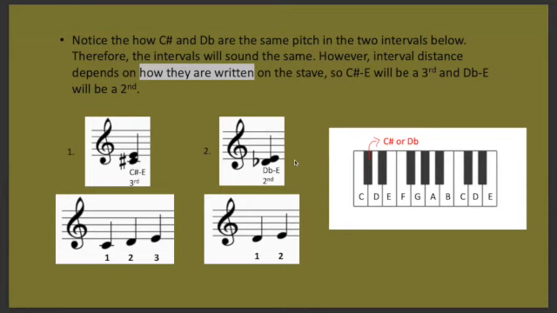If you're familiar with the keyboard, I'm going to show you now here. This note here is a C sharp or a D flat. So if I play to you both of the intervals which sound the same, they will both sound like this.